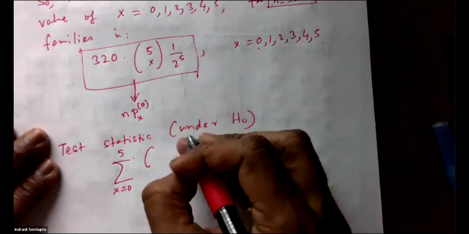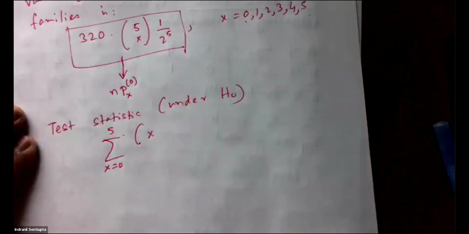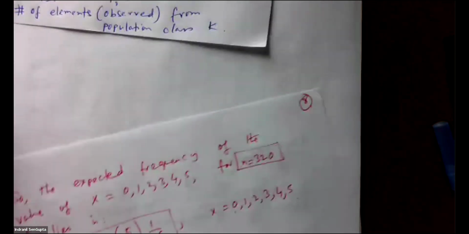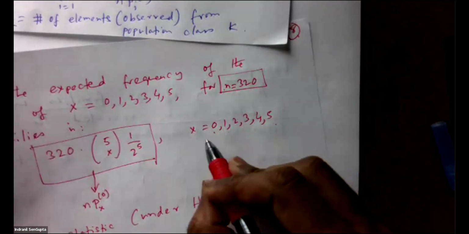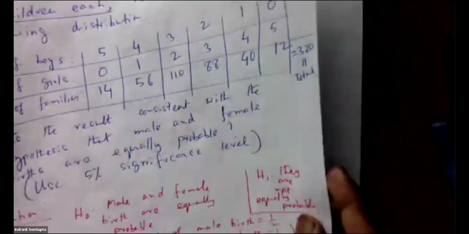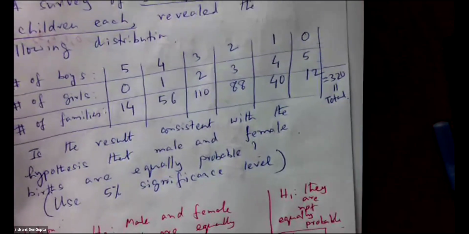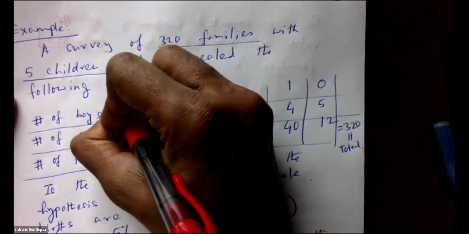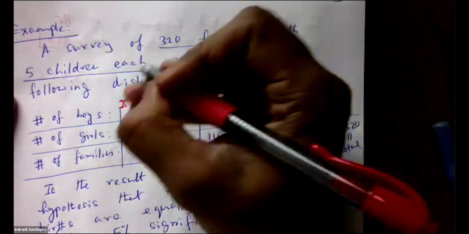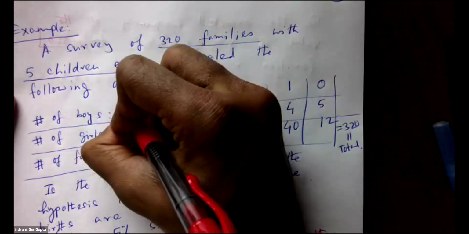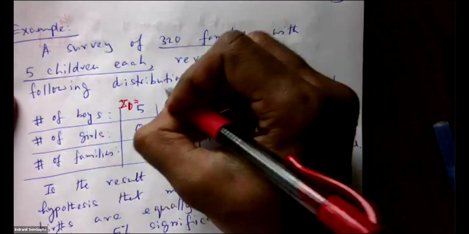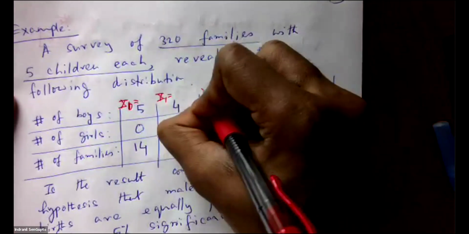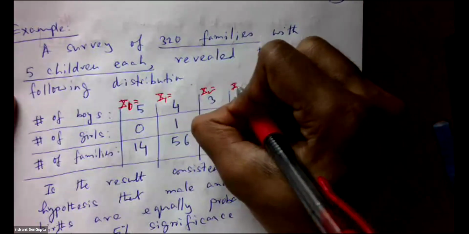I think a right notation would be, no, this X is the number of families. So let's write this as Xi. So X0 equals this one, X1 equals this one, X2 equals this one, X3 is 2.